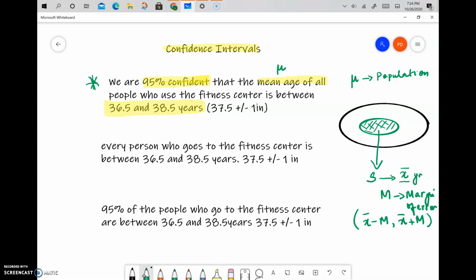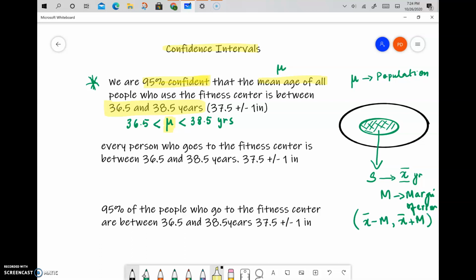So this is what it's going to look like. 36.5 is less than mu, is less than 38.5, and everything is in years. So basically this is saying that the mean age of all people who visit this fitness center is between 36.5 years and 38.5 years.